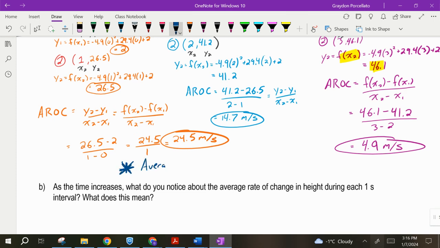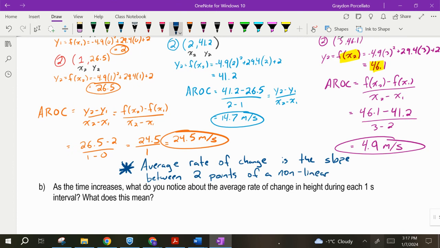Average rate of change is the slope between 2 points of a non-linear graph or function. That's all it is. Figure out what the 2 points are, calculate the slope, just like you did in previous years.